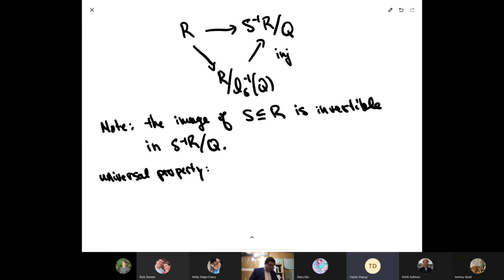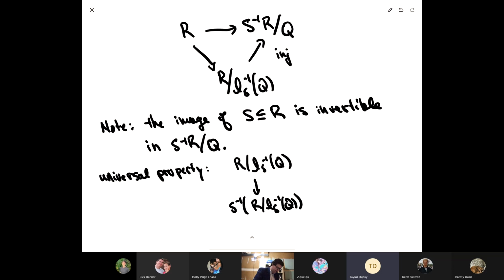And so what does the universal property tell us? It tells us that we have a further factorization. So we have R to R mod L of S inverse of Q, and now we can factor this through S inverse of R mod L of S inverse of Q, because it's a localization.